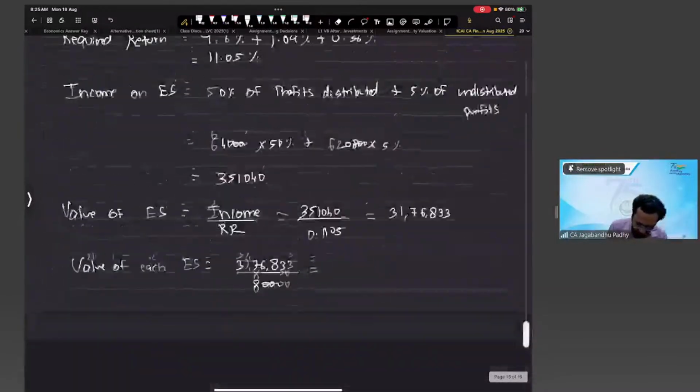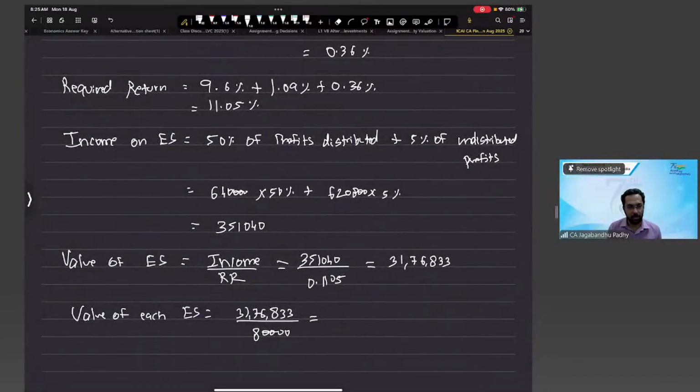Yes, 80,000 shares. So 31,76,833 divided by 80,000 is 39.71. That's the value of the equity share.